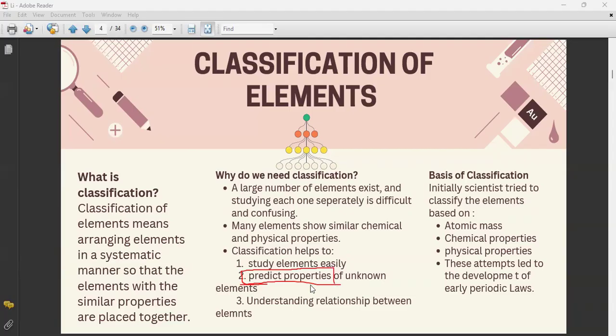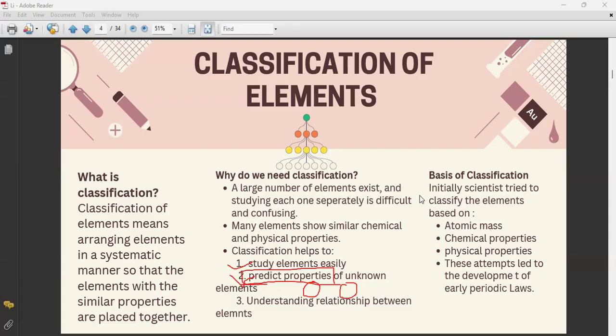Classification helps me study elements easily, predict properties of unknown elements, and understand the relationship between one group and another: what similarities and properties link these different groups of elements.